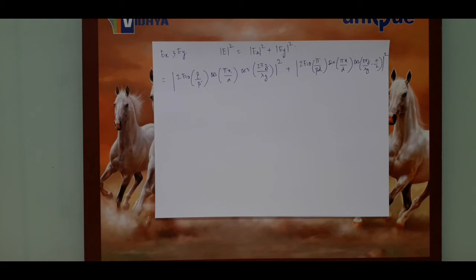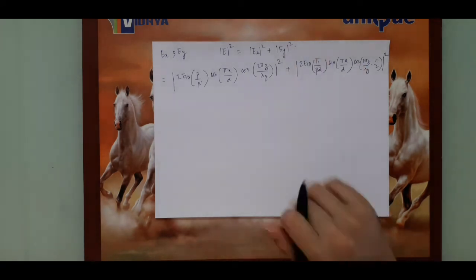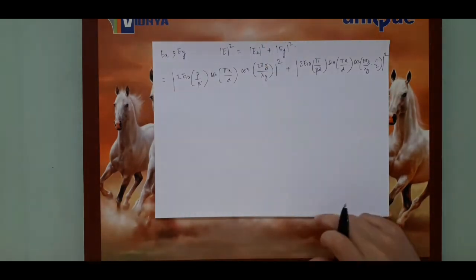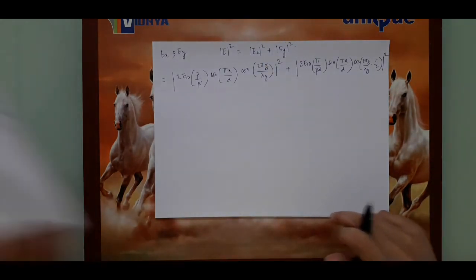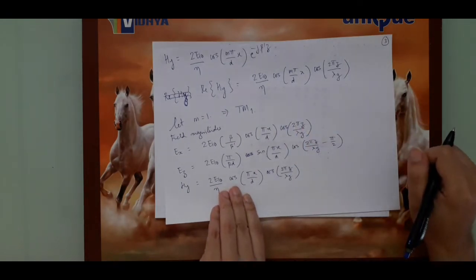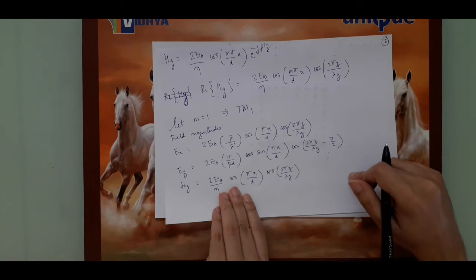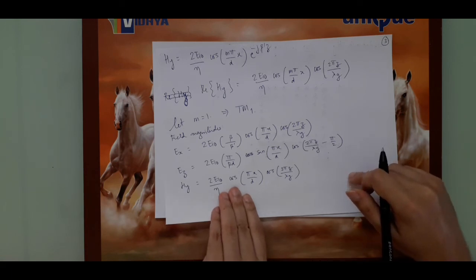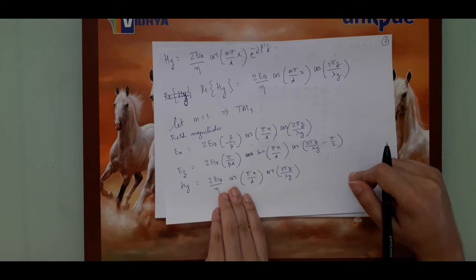Now, this is not the complete picture. There is some phase difference also between the Ex and Ey components, because as you can see, there is indeed a phase difference. So what is that phase difference?